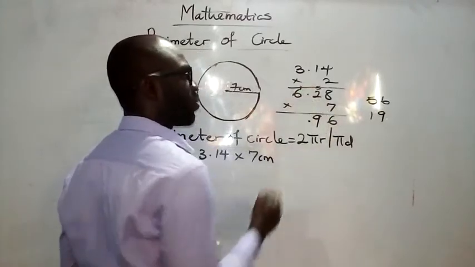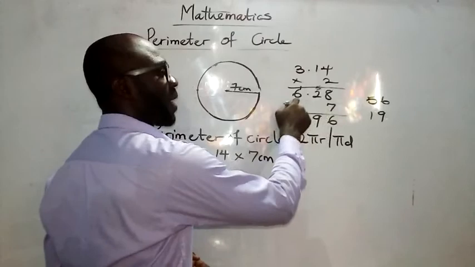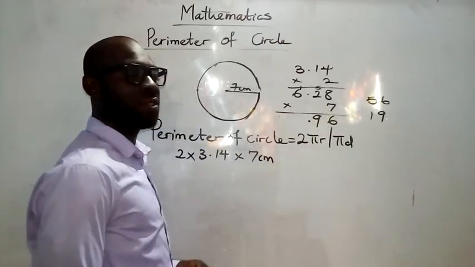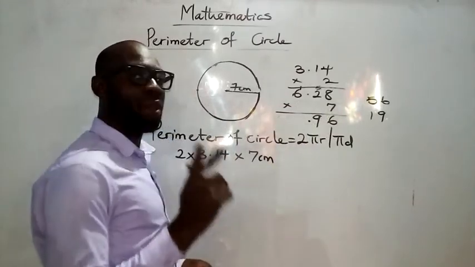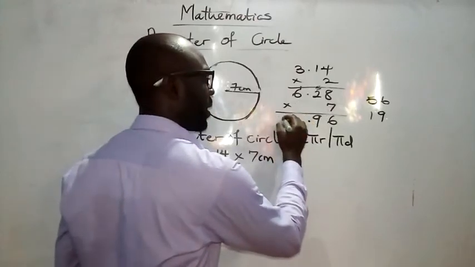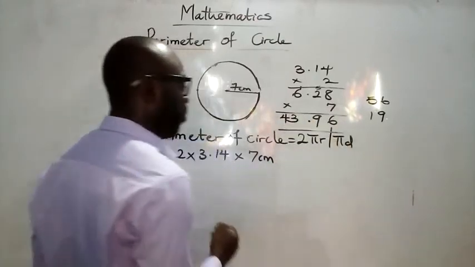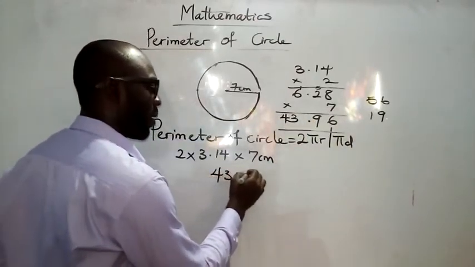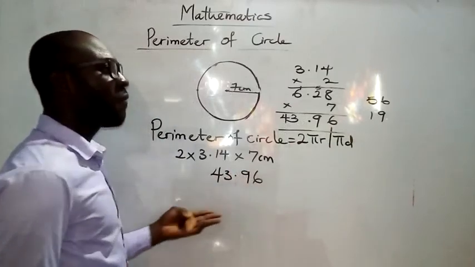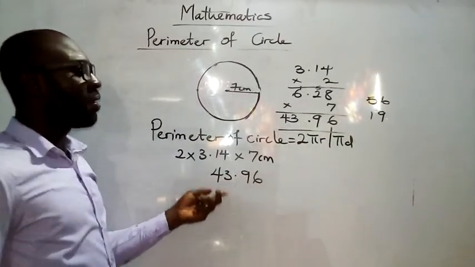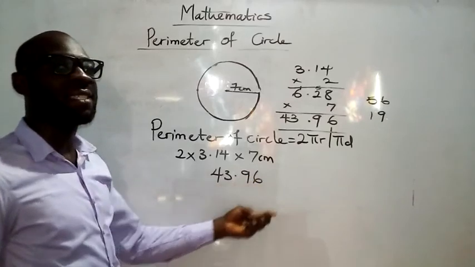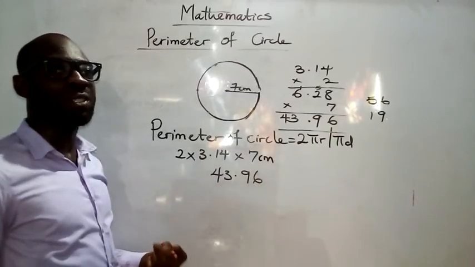So we carry the tens to this place. 7 multiplied by 6 is 42. 42 plus 1 is 43. And so we have 43.96.